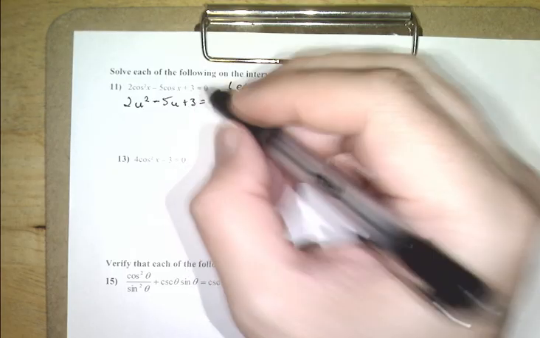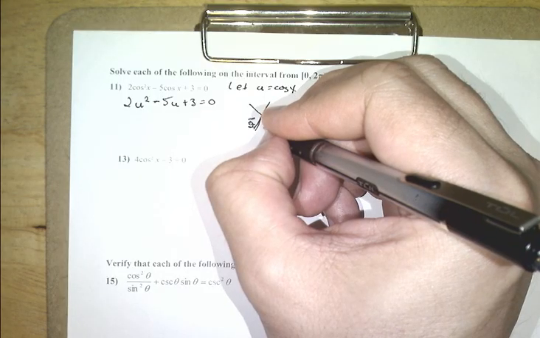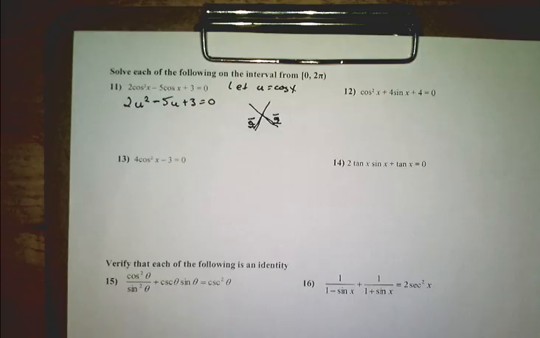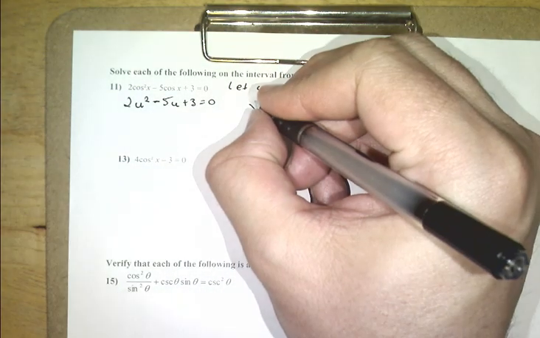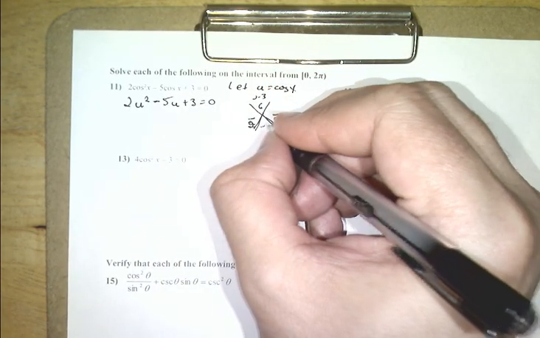Hold on, let's see if I can remember how to do this. I think it's a times c. So a times c is up here, so that's going to be a 6. So 2 times 3 is 6. And then b is negative 5.